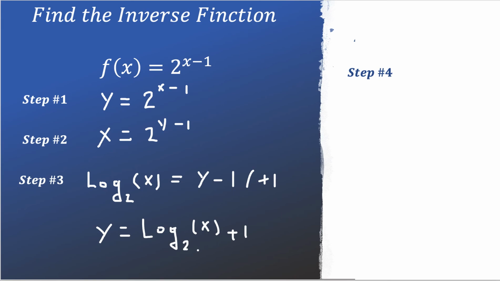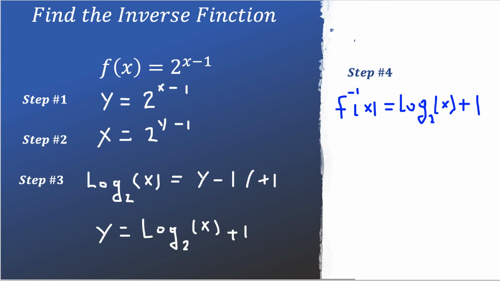And the last step is, instead of y, we write the denotation of the inverse function, because here was f of x, and the denotation of the inverse function is f to the minus 1 of x, equal to, everything else we write the way it is, log base 2 of x plus 1.